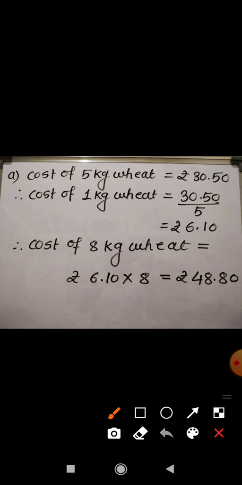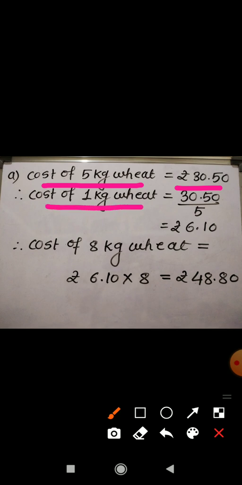In this question you can see we are asked two parts. In the first part we have to find out the cost of 8 kg of wheat. Since we are asked to find the cost of 8 kg of wheat, first we have to find out the cost of 1 kg of wheat, right? We are given that the cost of 5 kg of wheat is 30 rupees 50 paise.